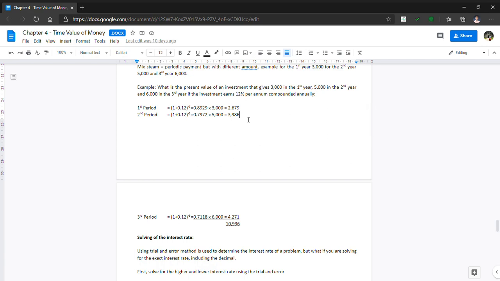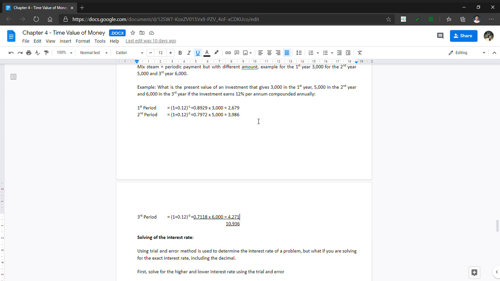We will get yung present value niya na 3,968. And lastly, yung present value ng under year 3. So 1.12 raised to negative 3 to get the present value factor of 0.7118. Tapos multiply by the 6,000 to get 4,271. So ito na yung present value ng 6,000.